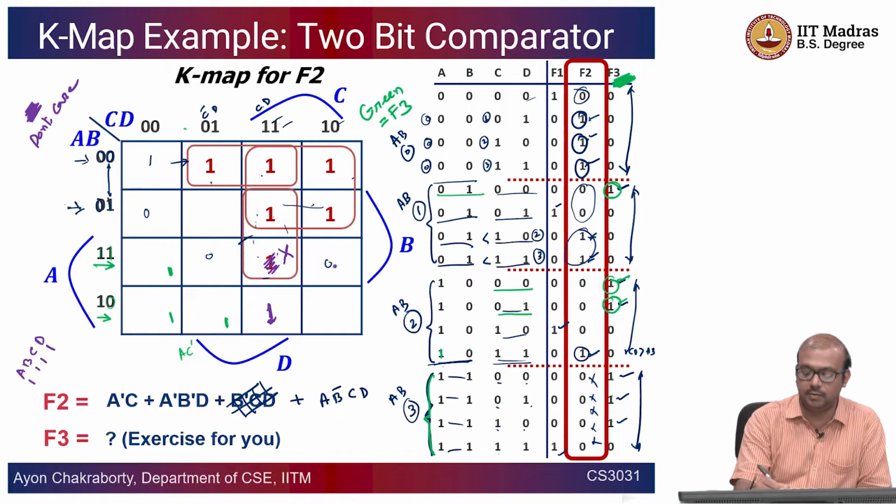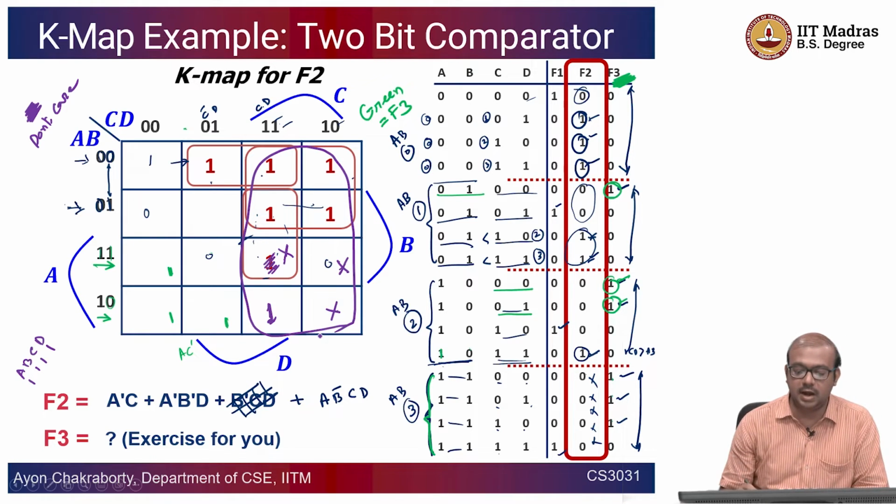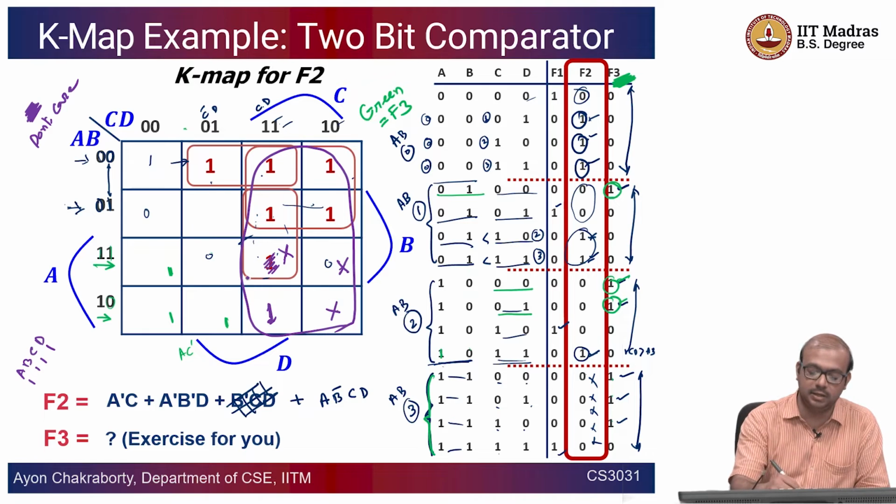Let us say even these are don't care conditions, so this will also be X, this will also be X. You can actually form a tremendously large grouping, and this grouping is going to evaluate to just C. A, B, D will all vanish. This entire huge group is just going to evaluate to C.